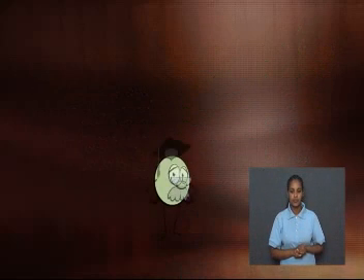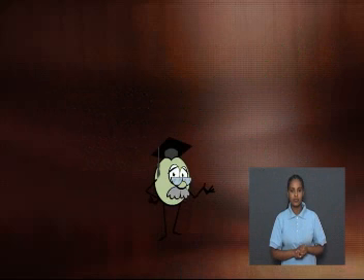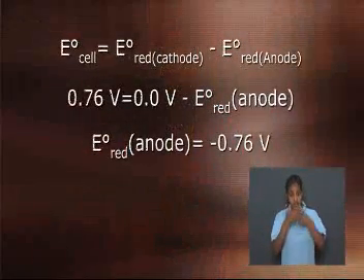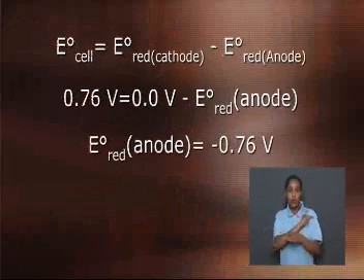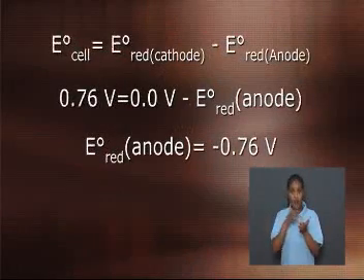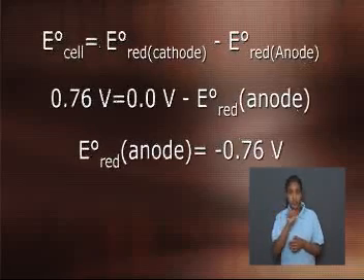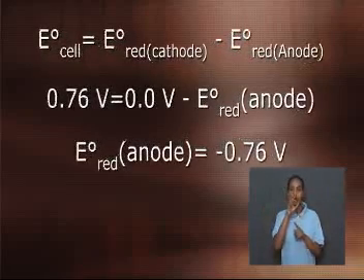Time's up. Let's get back to our lesson. Welcome back, students. If you got a standard reduction potential of negative 0.76 volts for the reduction of zinc 2 plus to zinc, you are correct.